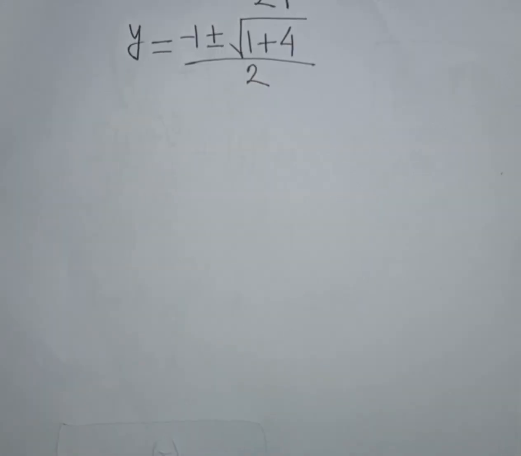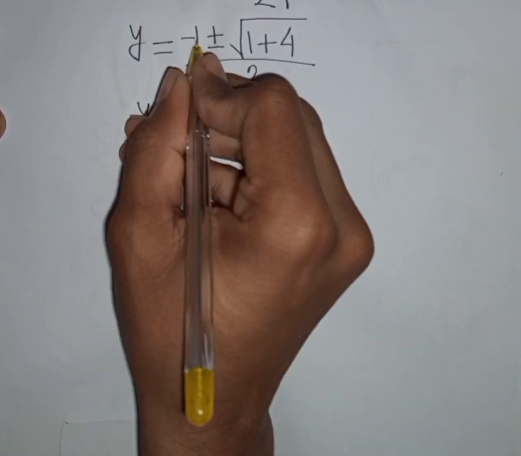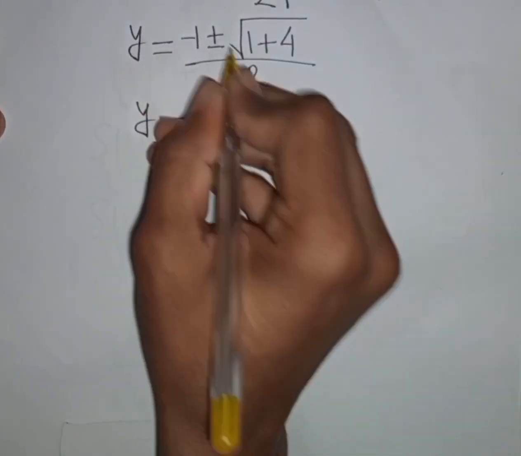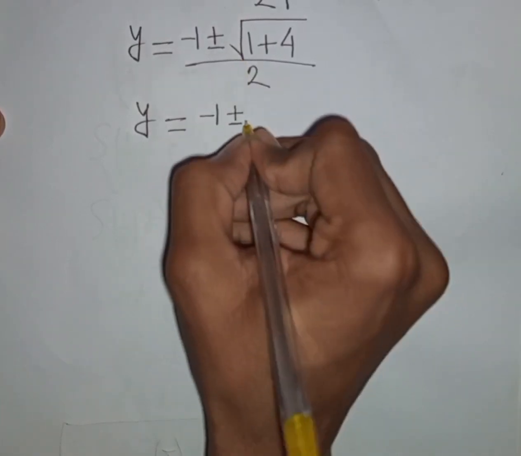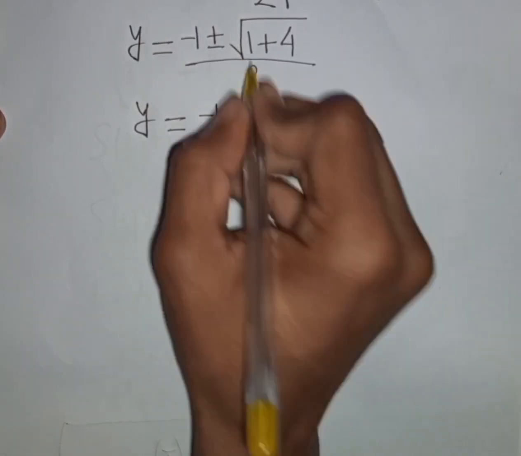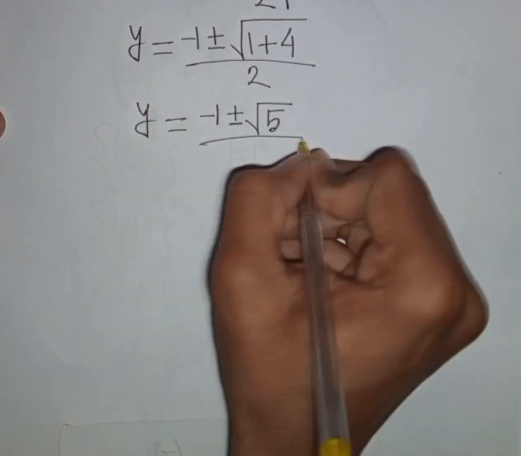Now we can write y is equal to minus 1 plus or minus the square root of 1 plus 4, that means 5, divided by 2.